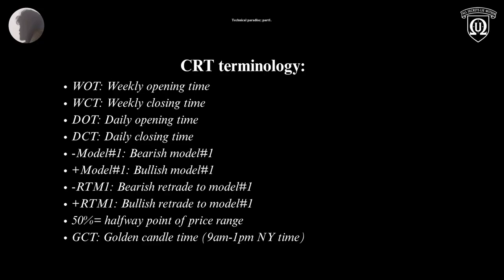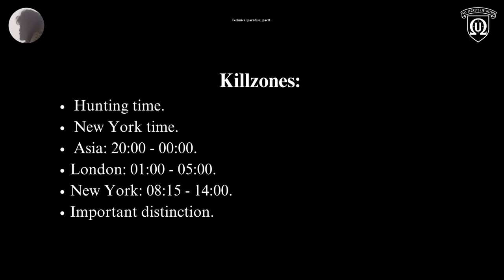But I like to go and start hunting from 8:15 a.m. Kill zones are basically the hunting time, right? New York time, which is all the kill zones are based on New York time.